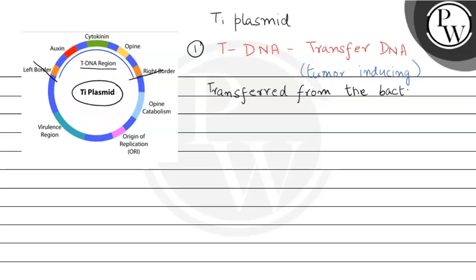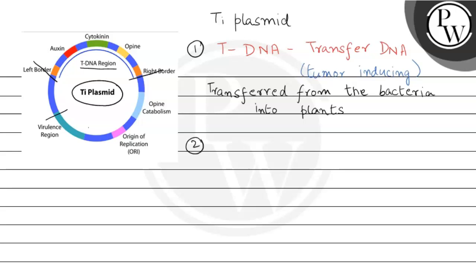So once this tDNA is transferred from the bacteria into the plant cells, this tDNA incorporates into the plant host genome and results in the formation of tumors in the plants due to the tumor inducing genes present in the tDNA region.